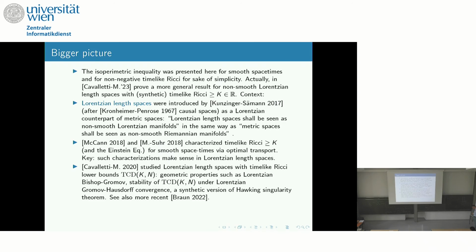What are the singularity theorems? In a nutshell, they say that under some geometric assumption on the space, one can build some inextendible timelike curve, and the fact that this curve stops living is interpreted as a singularity.